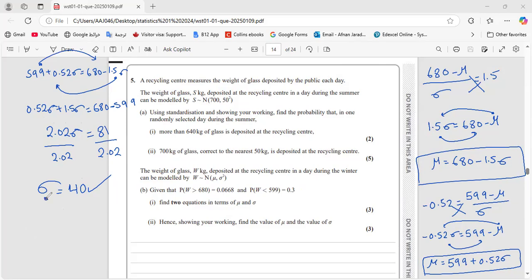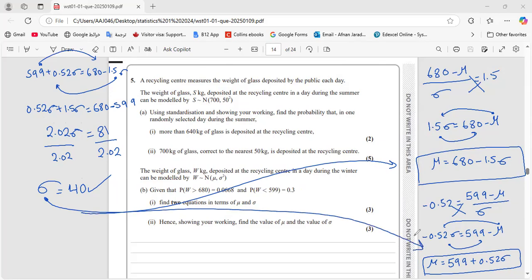If you have sigma, how can you find mu? By substituting sigma in any equation, this one or this one, it's up to you. By substituting sigma in the equation mu equals 680 minus 1.5 multiplied by 40.09, the answer will be 619.85, which is 620 to three significant figures.